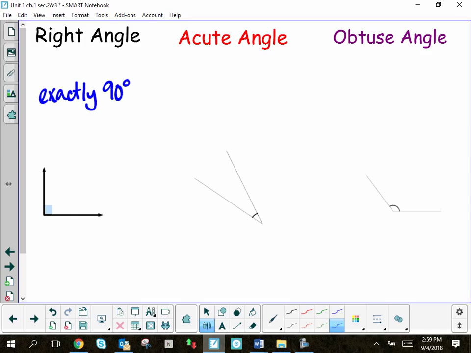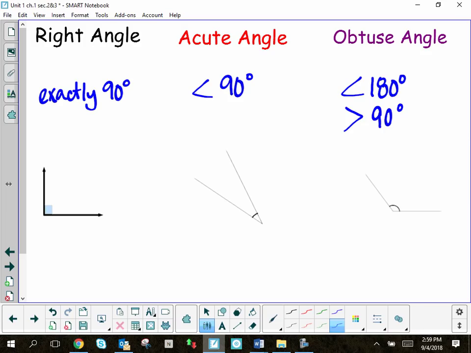An acute angle is less than 90 degrees, okay? And then an obtuse angle is less than 180 degrees, but greater than 90 degrees. Okay? Less than 180, but greater than 90.